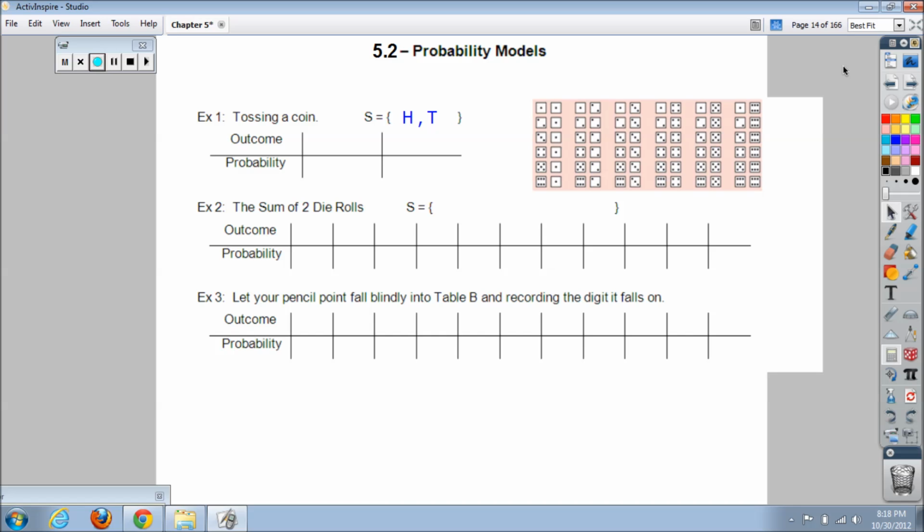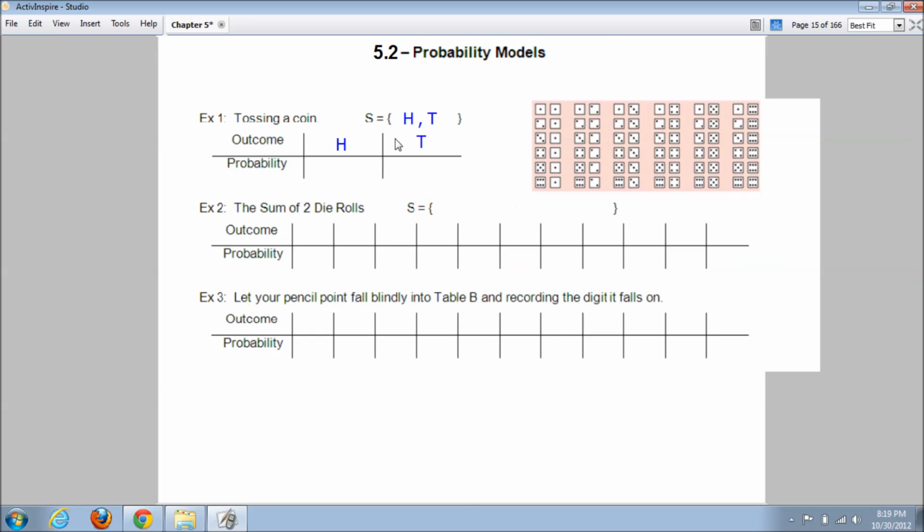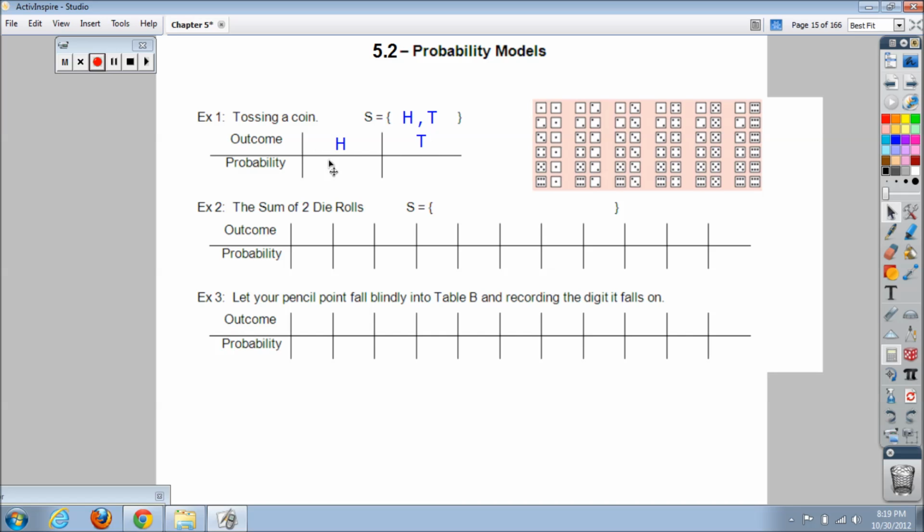Alright, so here is our probability model. We're going to have outcomes going across one row, and the probability for each of those outcomes is going to be tied into the next row. So our 2 outcomes, heads and tails, the probability of getting a heads and the probability of getting a tails, we're assuming this is a fair coin, is 50-50. Now, you could write the probabilities any way you want to.